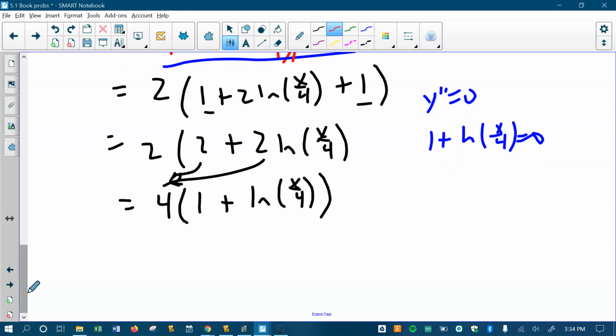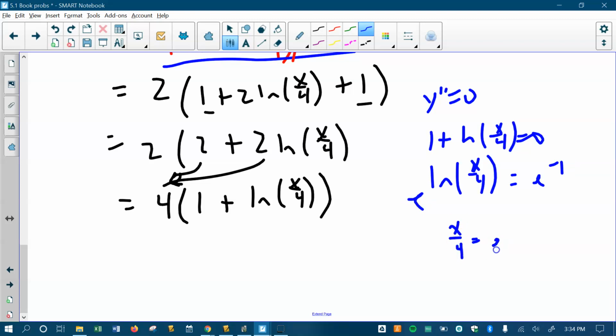Let's move the 1 over and exponentiate. So we get ln of x over 4 equal to negative 1, so x over 4 equals e to the negative 1. X is equal to 4e to the negative 1, or x is equal to 4 over e.